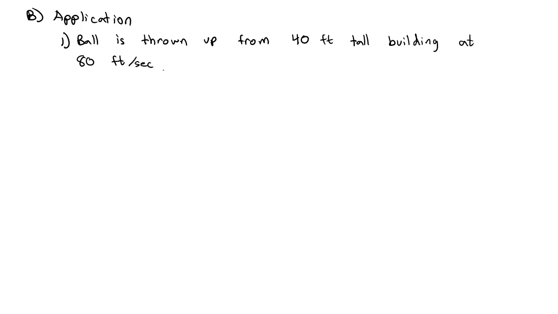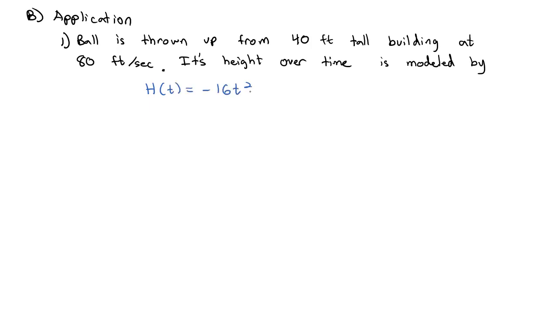For example, if a ball, or anything really, is thrown up from a point 40 feet tall, let's say from a 40-foot tall building, at 80 feet per second, its height over time is modeled by this function: H of t is equal to negative 16t squared plus 80t plus 40.